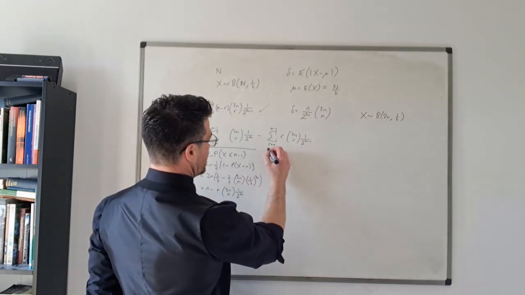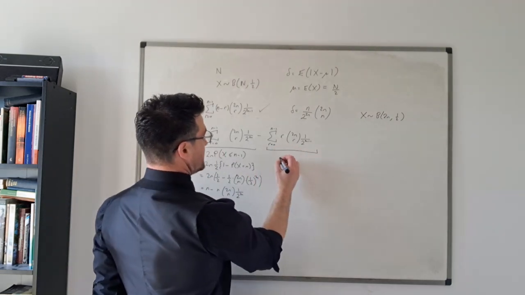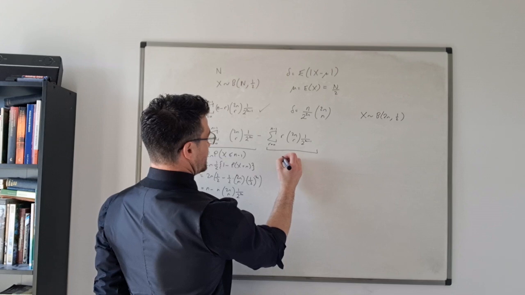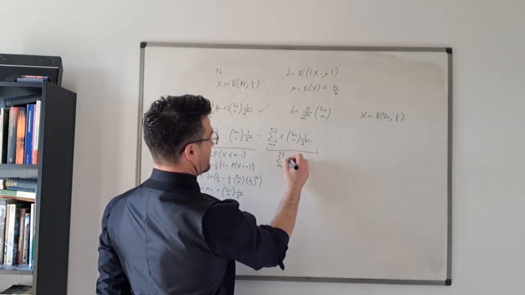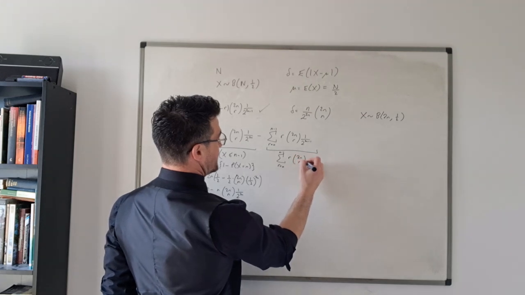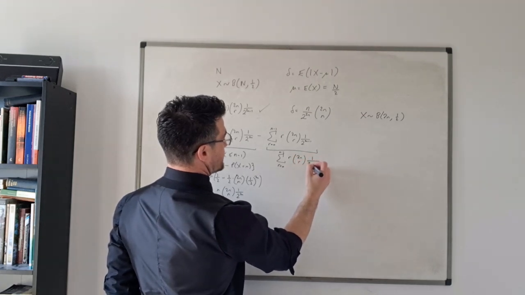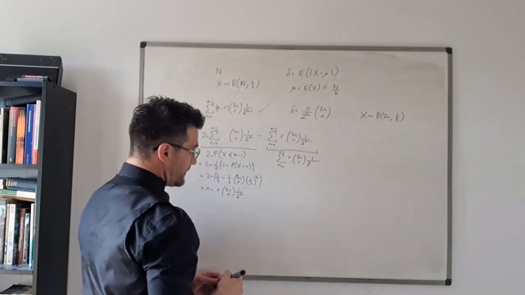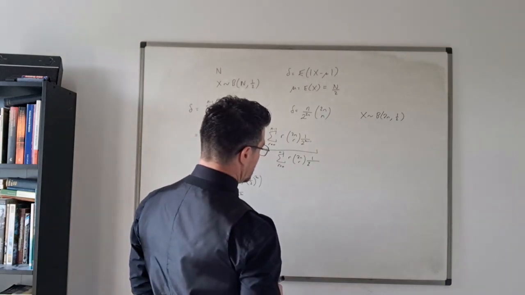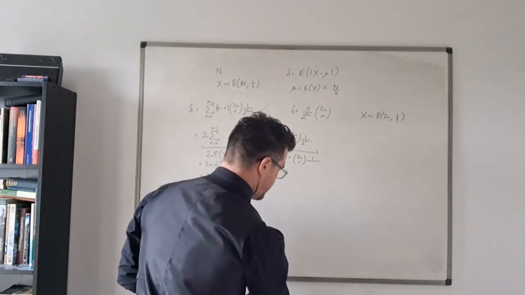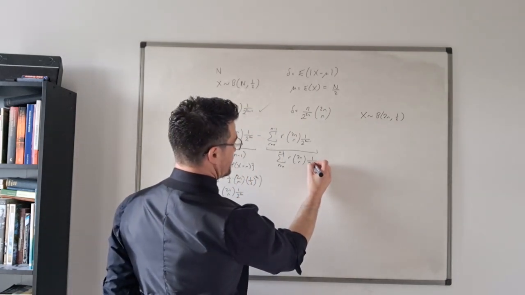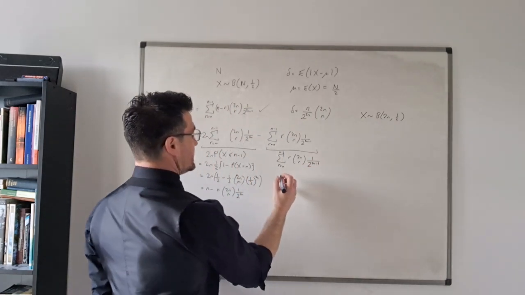What about this thing over here? So the sum from r equals 0 to n minus 1 of r times 2n choose r times 1 over 2. In fact, I'll leave that off. No, I will include it. Undecided. There we go.